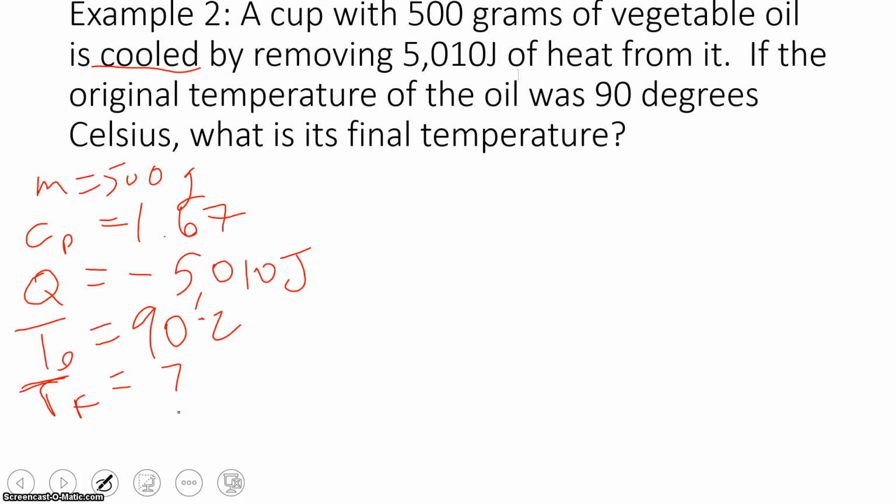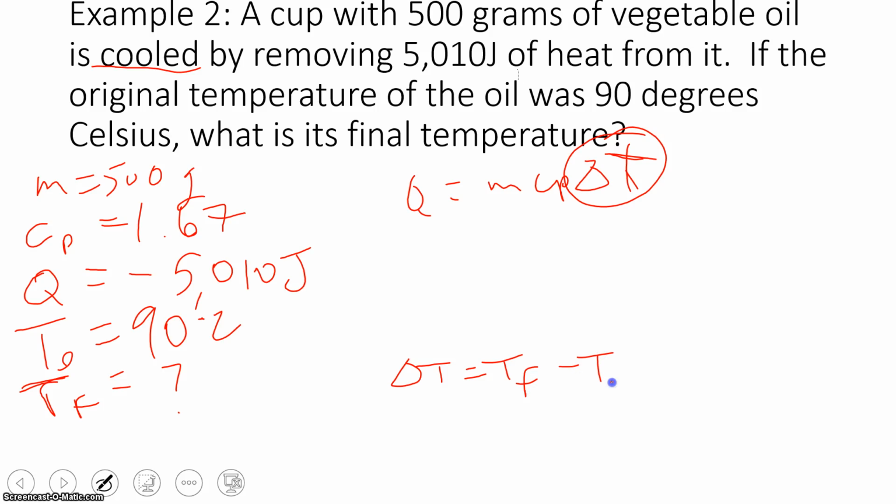All right, so what do we need to do? Well, we need to use Q equals m Cp delta T. We're going to solve it for delta T. And then once we know delta T, we'll use delta T equals T final minus T original to solve for T final.